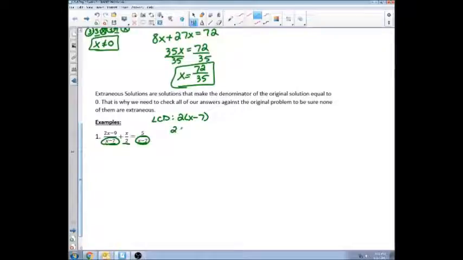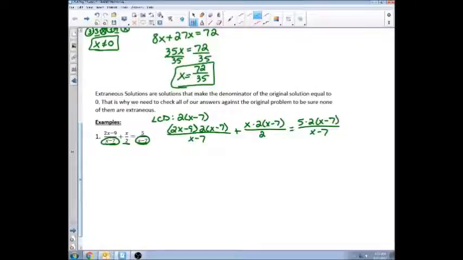So I'm going to take 2x minus 9 times 2 times x minus 7 over just x minus 7, plus x times 2 times x minus 7 over 2, is equal to 5 times 2 times x minus 7 over x minus 7.